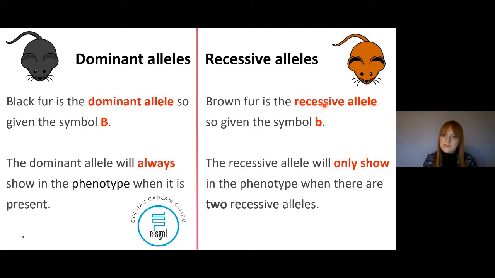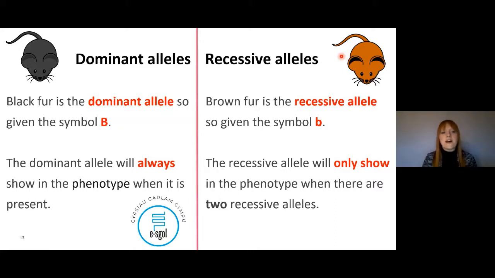So you'll only be brown if he inherits 2 copies of the recessive allele. He has to inherit the recessive allele from his mum and the recessive allele from his dad in order to be brown. The recessive allele will only show when there are 2 recessive alleles.